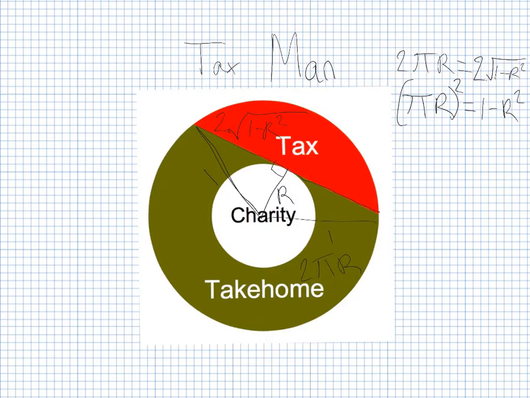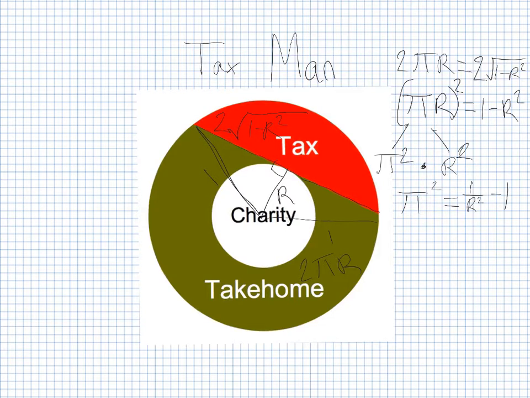And then what I did is I divided by r squared on both sides, because this pi times pi r squared is really pi squared times r squared. So I divide by r squared on both sides and I get pi squared equals 1 over r squared minus 1.